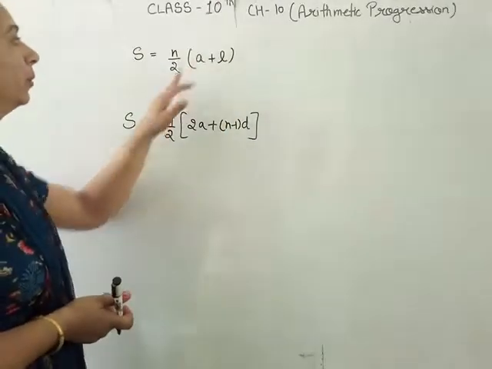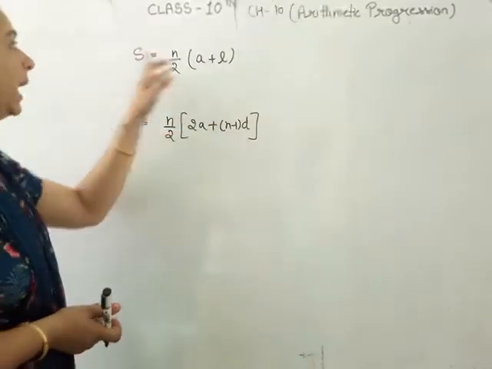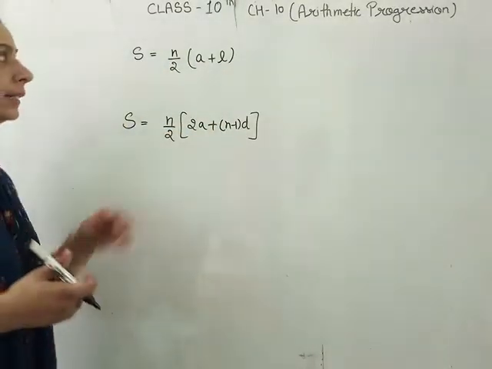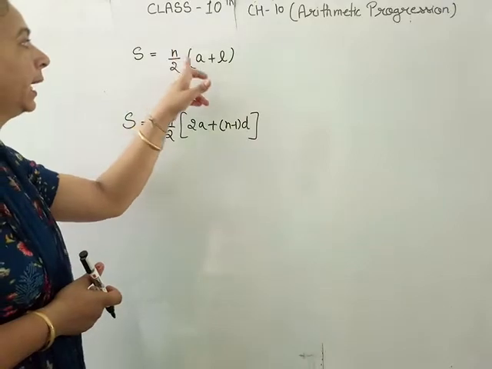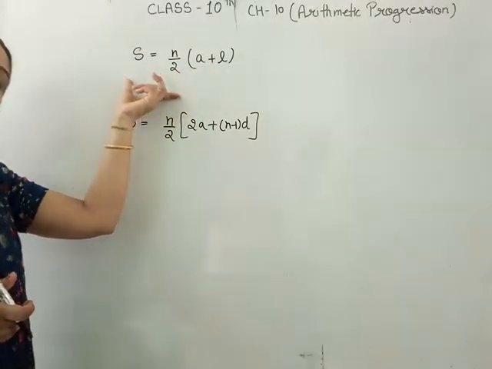If we know the first term and last term, and the sum of n terms is required, then we know n, a, l, and we use this result.